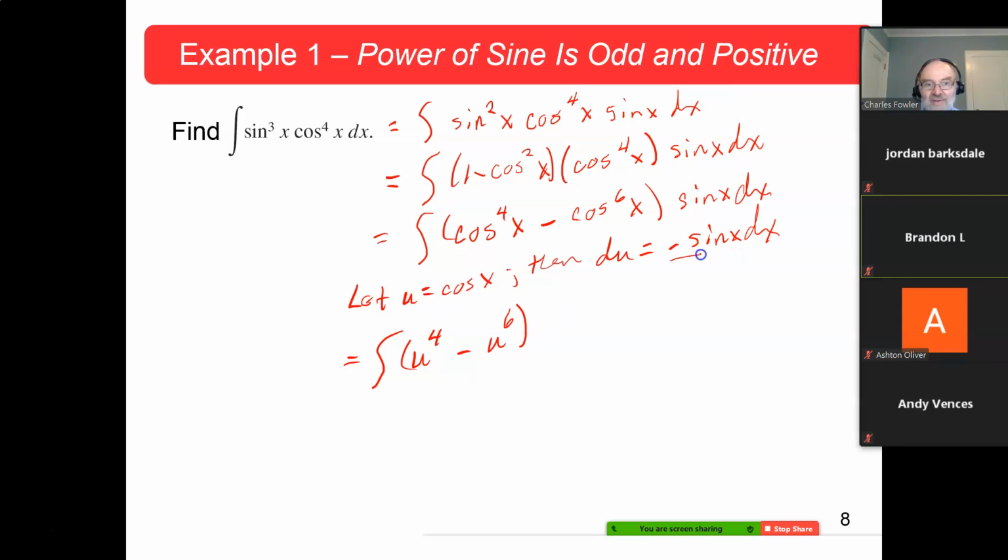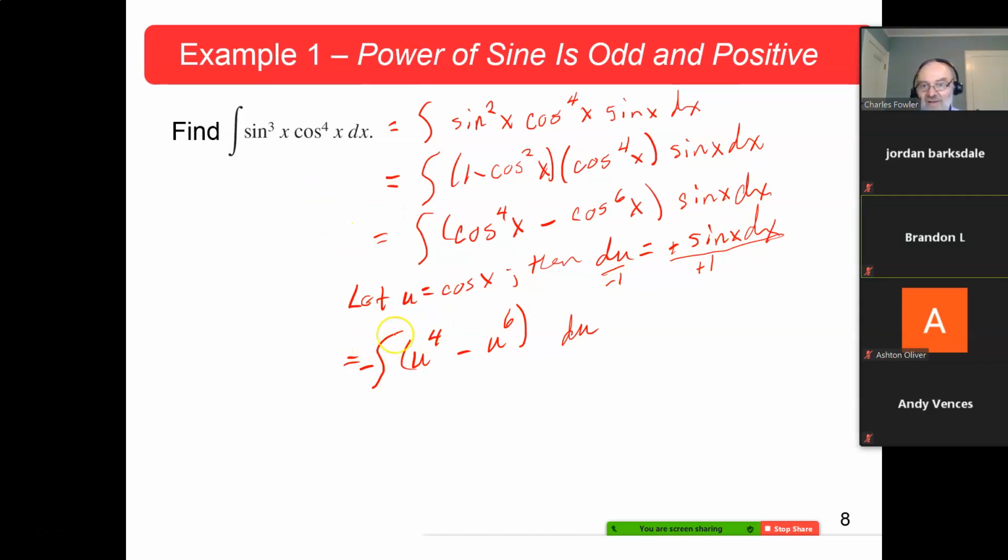It doesn't really matter. Divide everything by a minus 1, or multiply it by minus 1. These go away. And then what you would have would be a minus du, because the sine x dx is going to be minus du. So I'll put the minus out here.